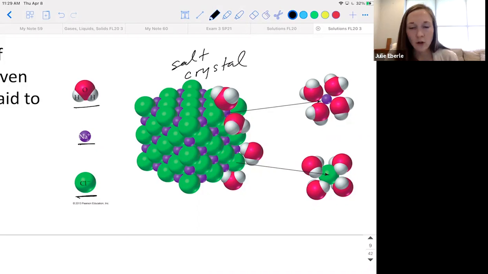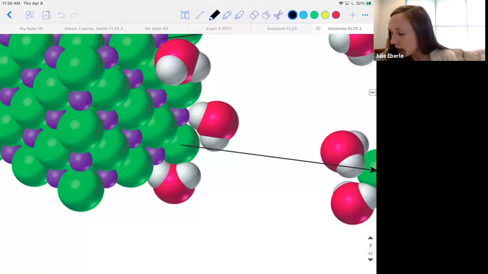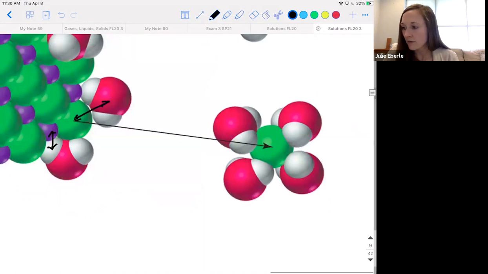If we're going to dissolve the salt crystal into its ions, what actually happens, and we don't see this because the molecules are so small, but the water molecules come along and they bump into the salt crystal. And if you get enough interactions, say between that cation and the water molecule, or between this anion and the water molecule, it will literally carry it off and it'll surround it.